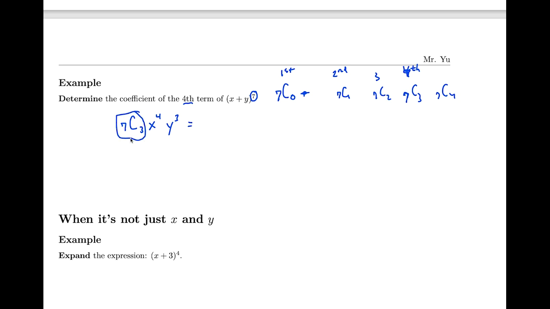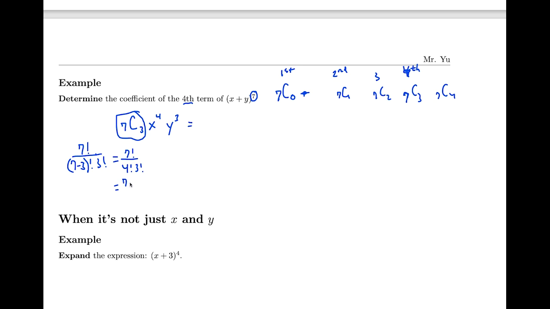Now, we may not know that right away, but we do know the combination formula. So 7 choose 3 is 7 factorial over (7 minus 3) factorial and 3 factorial. If we just continue, this is going to be 7 factorial over 4 factorial, 3 factorial, and we could punch this in a calculator, but let's continue here.